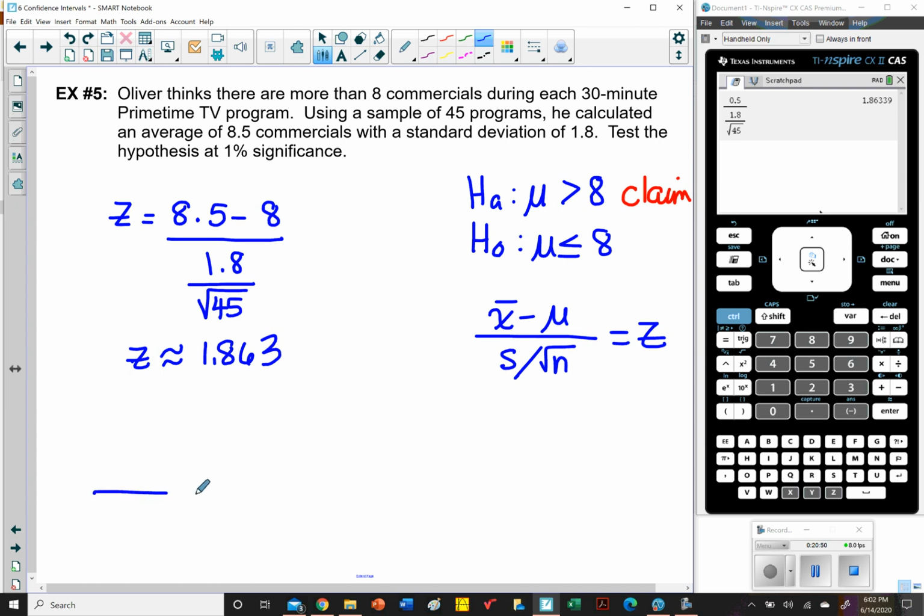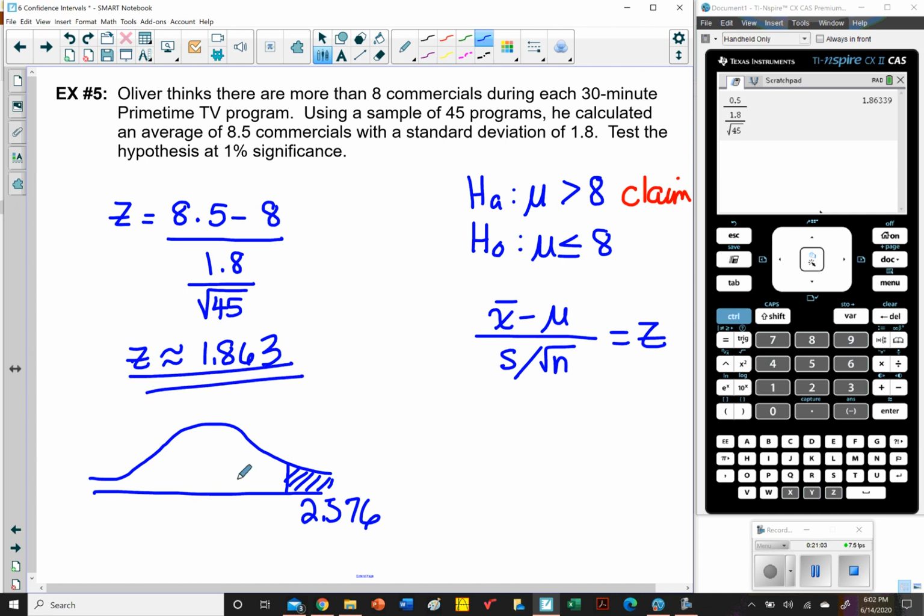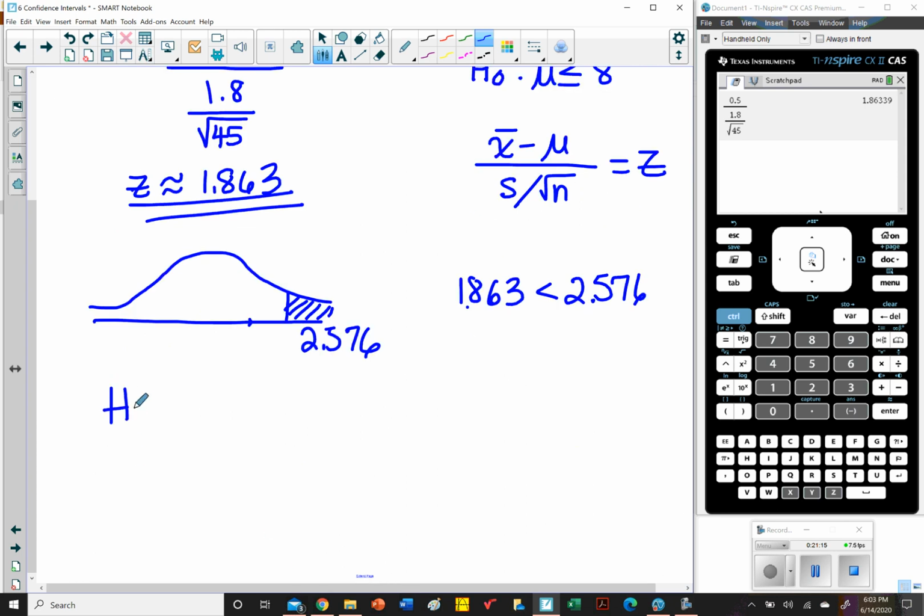Now, when you consider the bell curve, and we wanted this area here, 2.576, and our z is 1.863. It's over here somewhere. So 1.863 is less than 2.576. So that means the H0, or the null hypothesis, is not rejected.